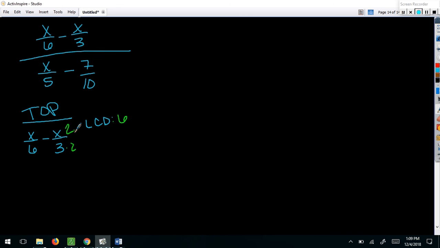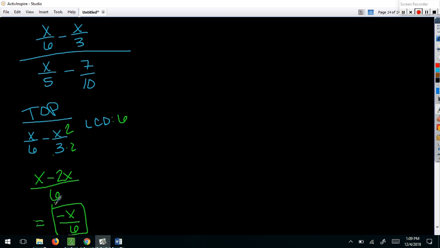All right, so now I've forced LCDs. They're the same, so I'm going to combine the numerators over the LCD. So I've got x minus 2x over 6, which is negative 1x over 6. That is the top of my fraction simplified. Do we all agree? Yes. Okay.